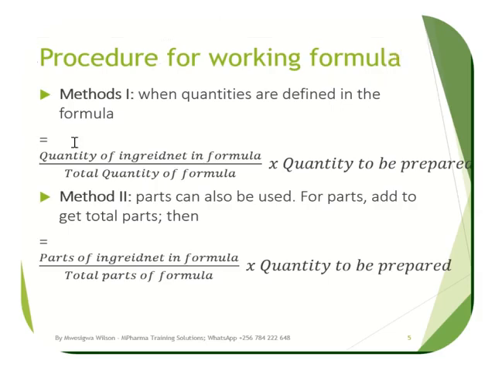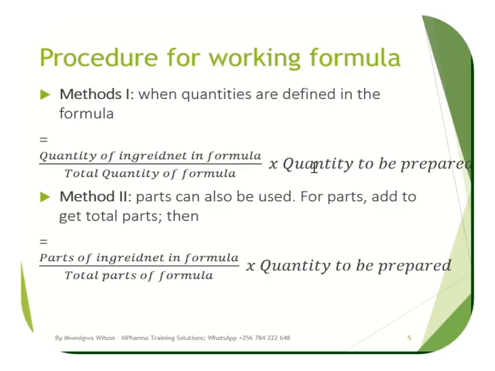Now there are methods, like coming up with a factor, which we shall see later on. But my preferred, shorter one, method one: just get the quantity of the ingredient in the formula, divided by the quantity of the formula, times the quantity to be prepared.